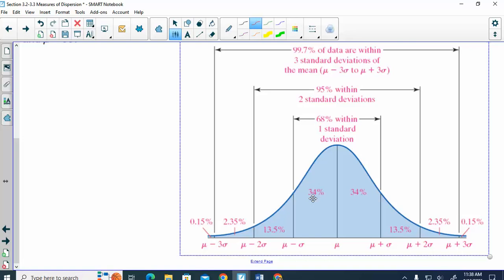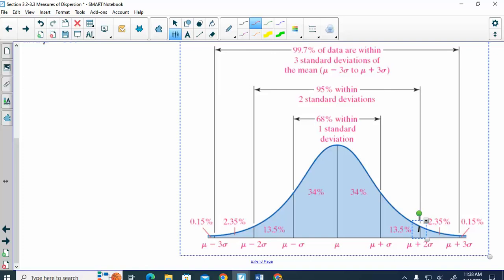So 95 divided by 2 is 47.5. So 47.5% should be in this window. Okay, so if this was 34, that means this next section is 13.5%. And then you get the tails there. So does that kind of make sense how I got those percentages?